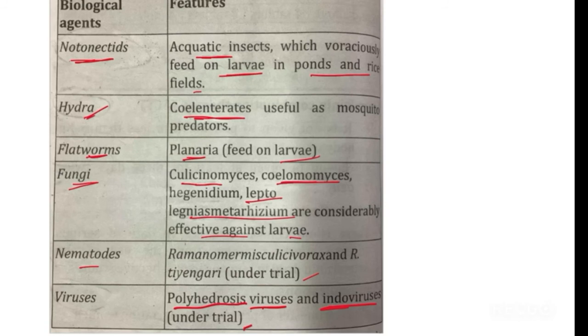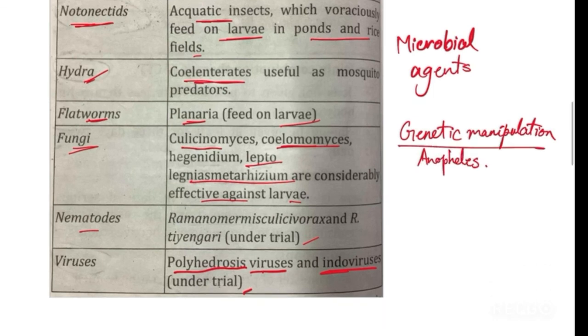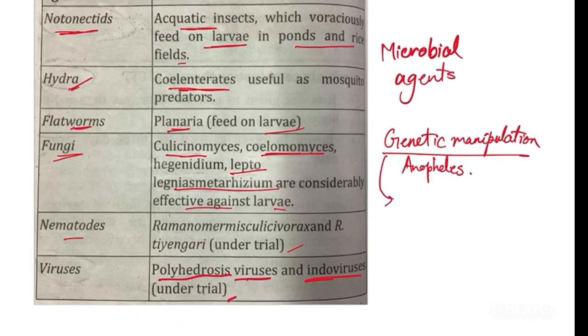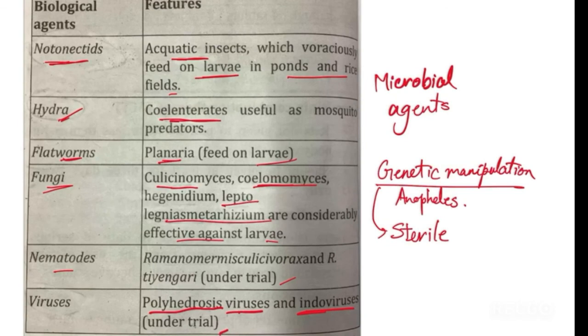And we have done microbial agents. And we can also do genetic manipulation. These are also under trial in the case of mosquitoes like Anopheles. By using some scientific genetic method, we can make a mosquito sterile and control their reproduction, and we can decrease their number.